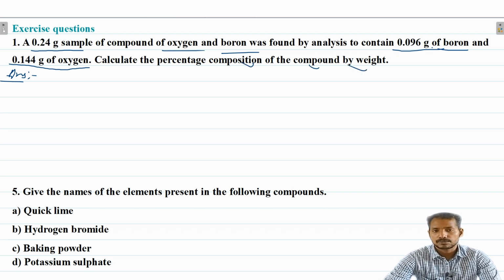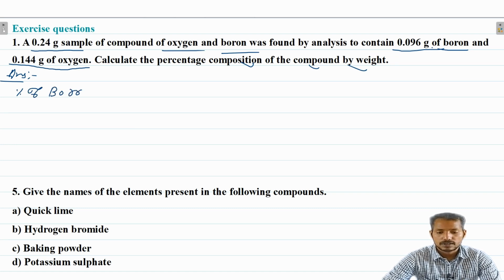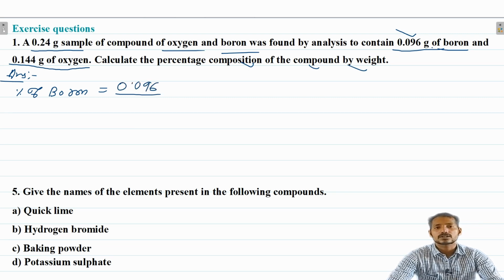So very simple one, that is percentage of boron is equal to, what is the mass of the boron? That is 0.096 divided by what is the mass of whole substance, that is whole quantity is 0.24.